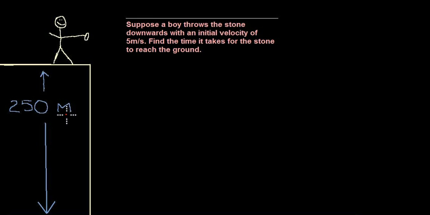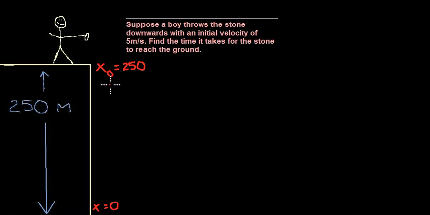So let's go ahead and find our variables. Our initial distance is 250 meters because this boy is 250 meters higher than the ground. So initial distance is 250. Our final distance is 0 because the stone lands on the ground, and that's 0 meters high.